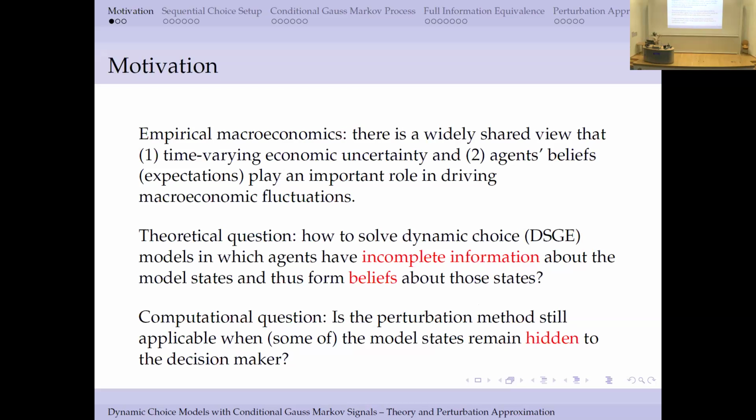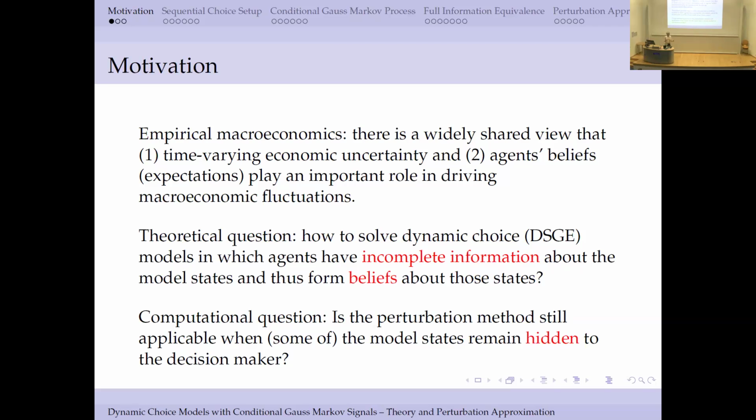All right, so as I said, our main motivation comes from applied empirical macroeconomic models. And in those models, there is a widely accepted view that both time-varying economic uncertainty and agents' beliefs play a very important role in aggregate fluctuations.